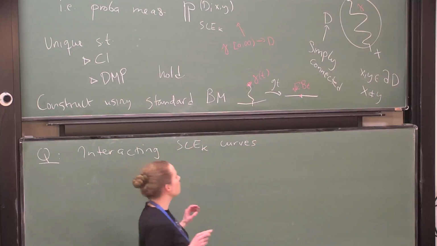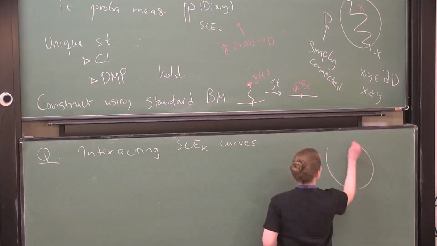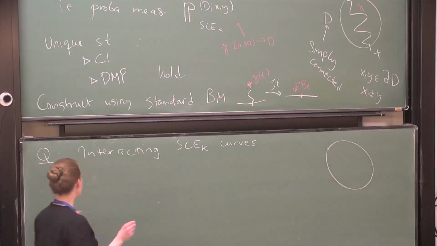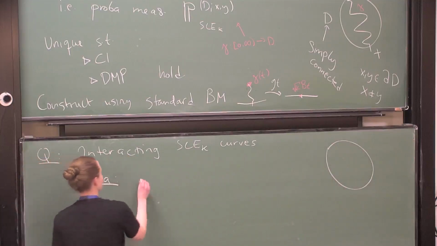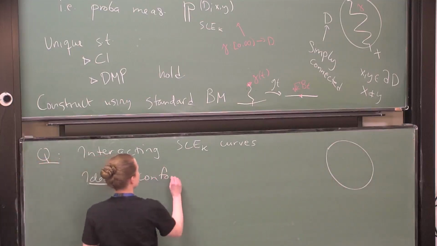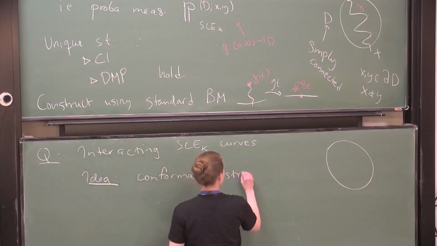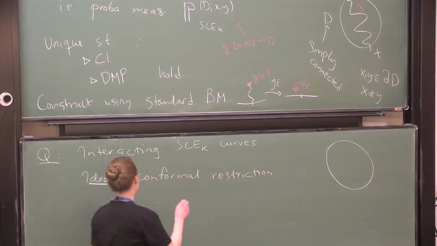Often I may forget about it. So how to understand interacting curves? It's related to something called conformal restriction. That's the idea somehow. And what does conformal restriction mean? It means perturbation of domain, kind of.